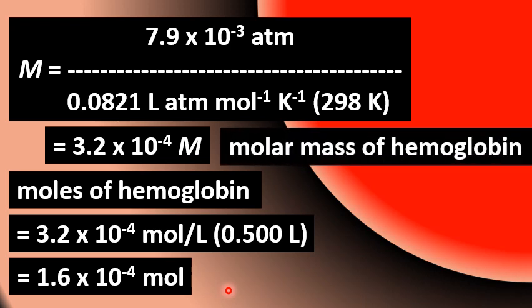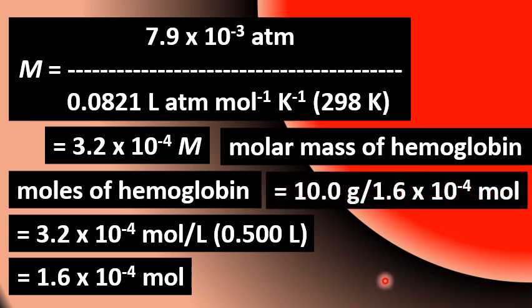And finally, we can now determine the molar mass of hemoglobin. All right? So we just divide the given mass in grams, which is 10.0 grams, divided by the number of moles of hemoglobin, 1.6 times 10 to the negative 4 moles.